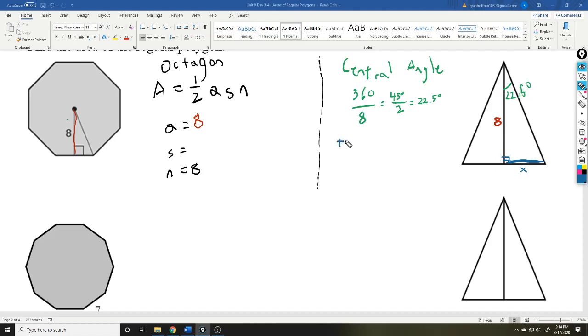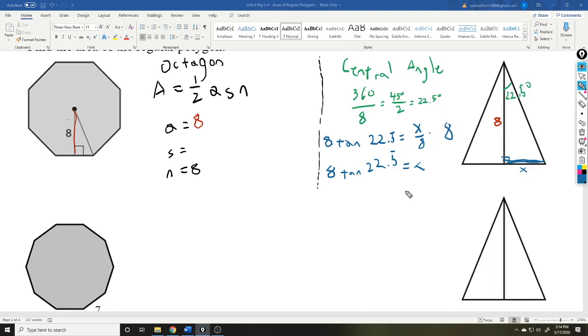Tangent of our angle, which is 22.5, equals my opposite over adjacent, which is x over 8. Multiply on both sides, get rid of the fraction. And now we solve for x.